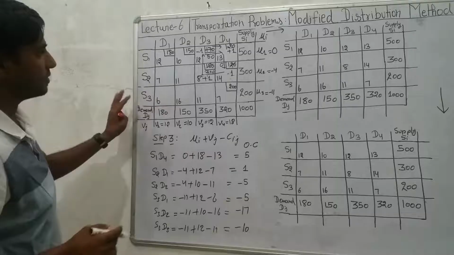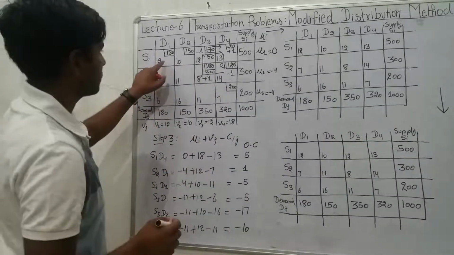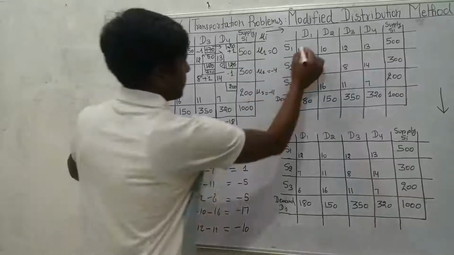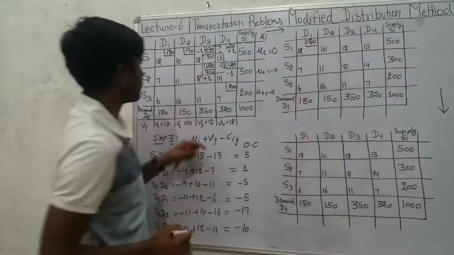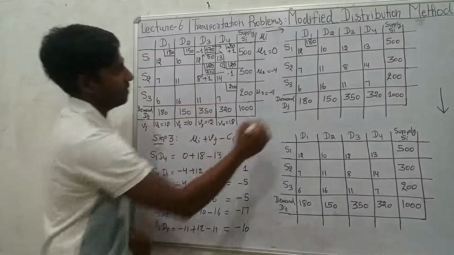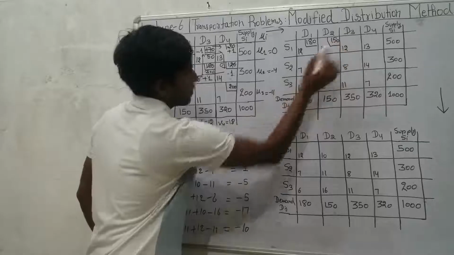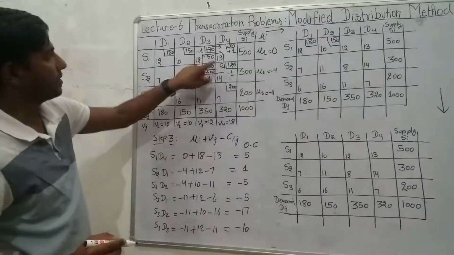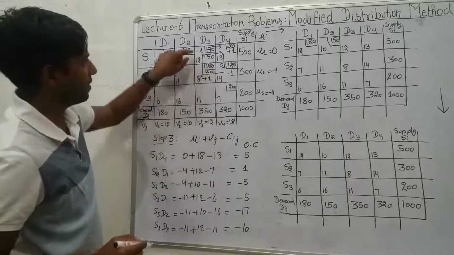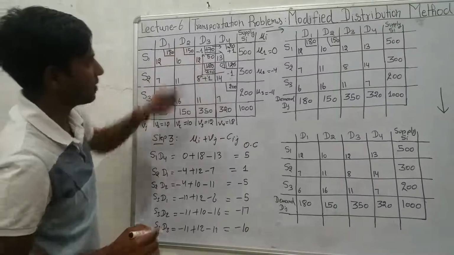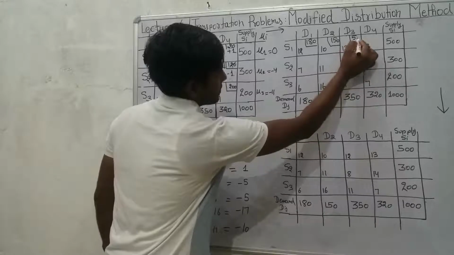So I am going to put these values clearly in the next table. For this cell, the value is unchanged, 180. For this cell as well, it is 150. Now after making the adjustments, the remaining amount in this cell is 50 units.